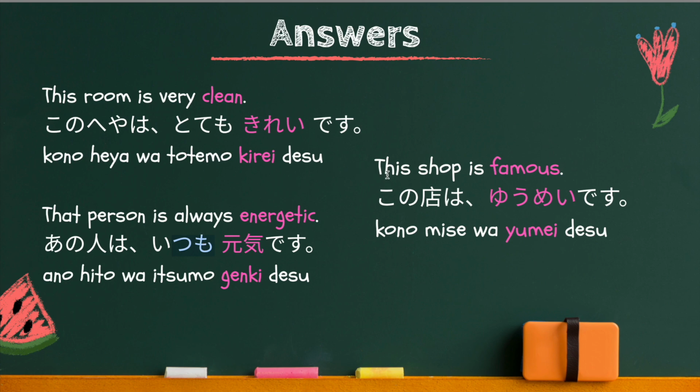Last one. This shop is famous. この店は有名です。This is also X is Y grammar format.